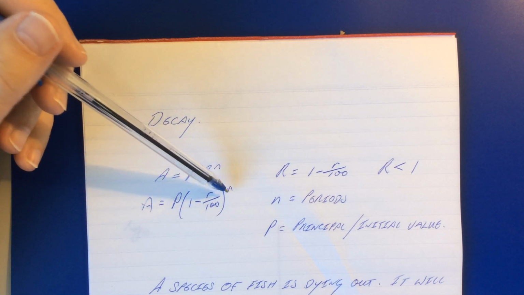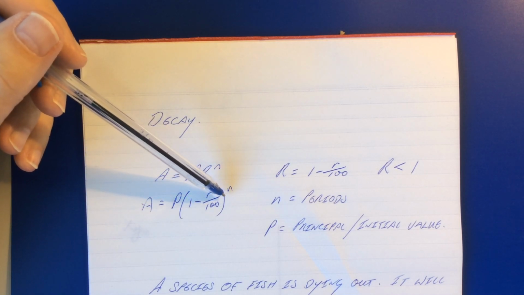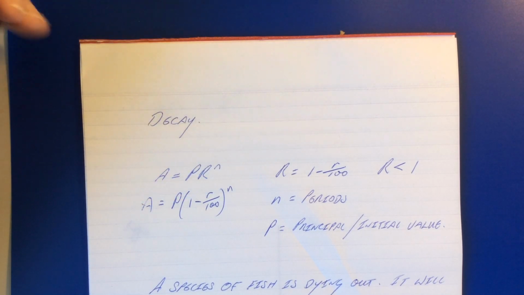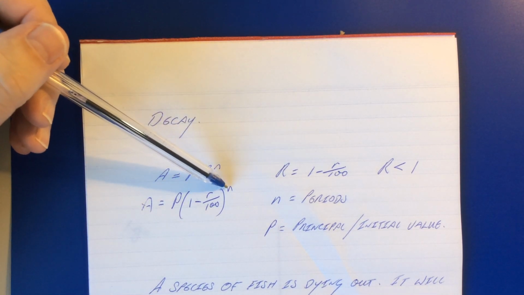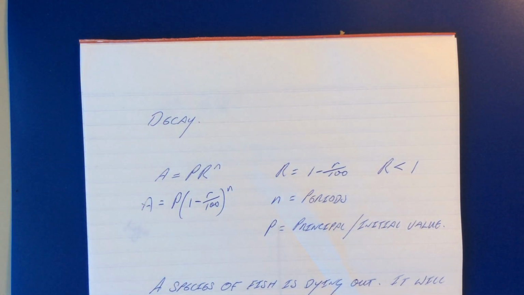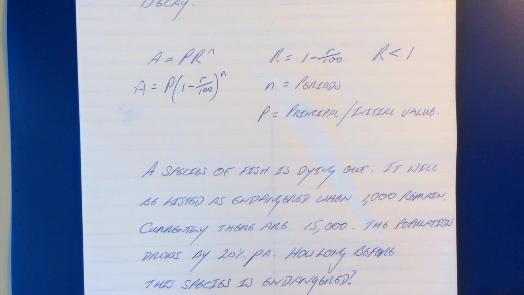And N is the number of periods that it takes for this to occur. And specifically in this case, because this is in the logarithms playlist, what we're looking at is how we find N. So we are trying to solve for an exponential, and that means logarithms. Okay, let's look at the problem.